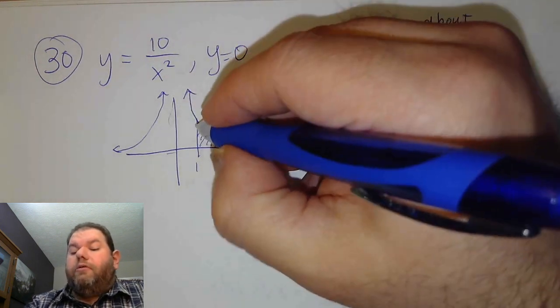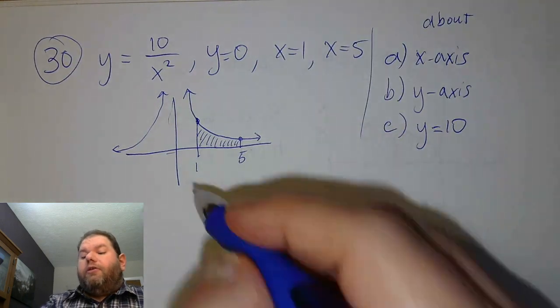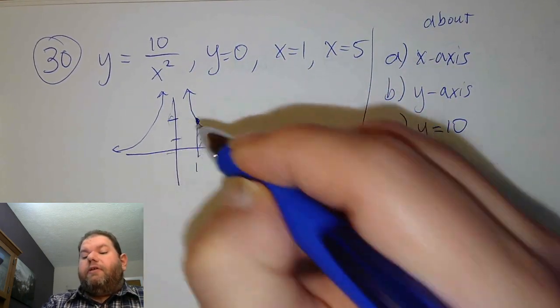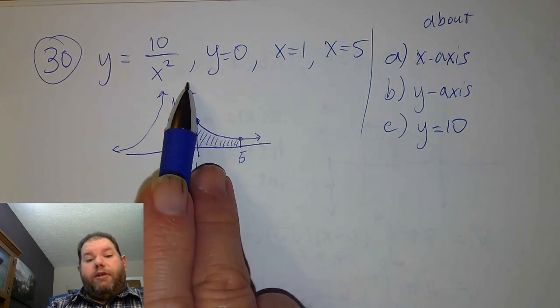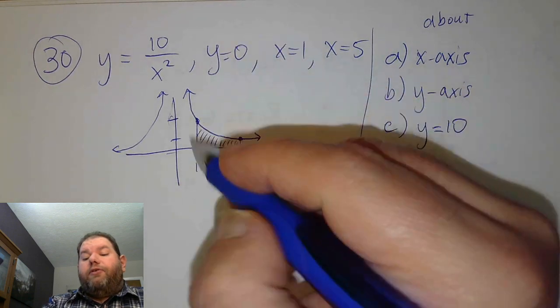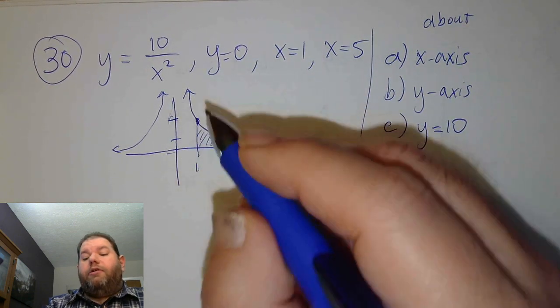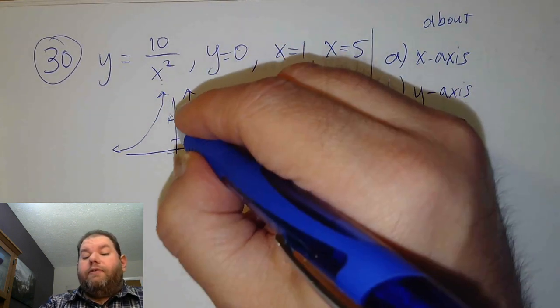Now, we should go ahead and figure out what these values are on the y-axis, where the shaded area ends. For instance, they're both on this curve, y equals 10 over x squared. So if we just plug in x equals 1, we should be able to get the y value here. So at x equals 1, 10 over 1 squared gives us a 10.